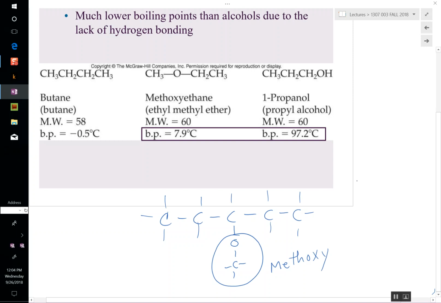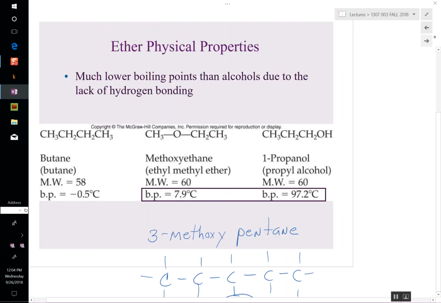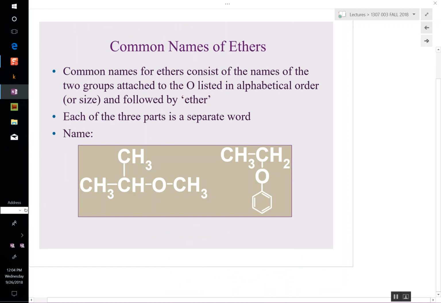So I will call it 3-methoxypentane. So I'm going to find the longest chain, 5 carbons. That's pentane with a methoxy group hanging off the side of it. All right, I know some of this is coming fast, and don't worry too much about the properties.